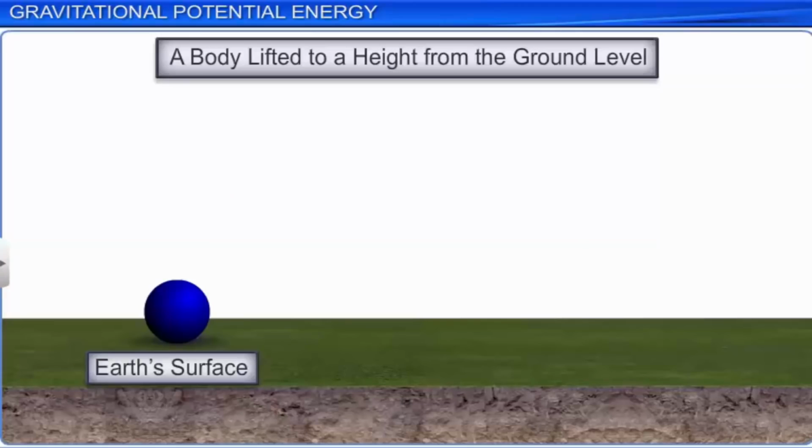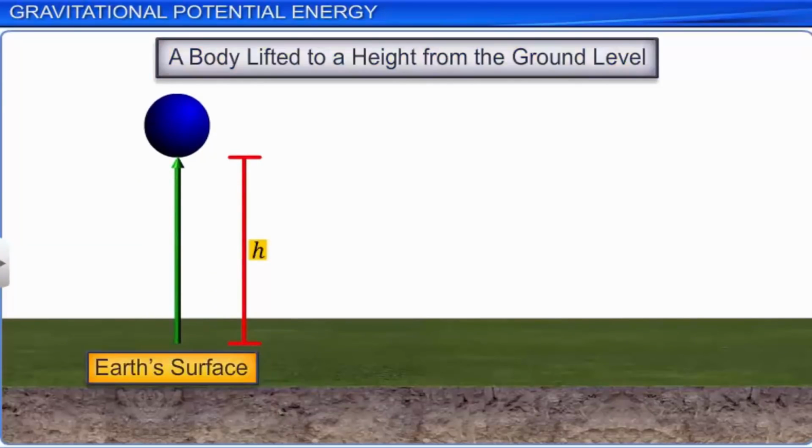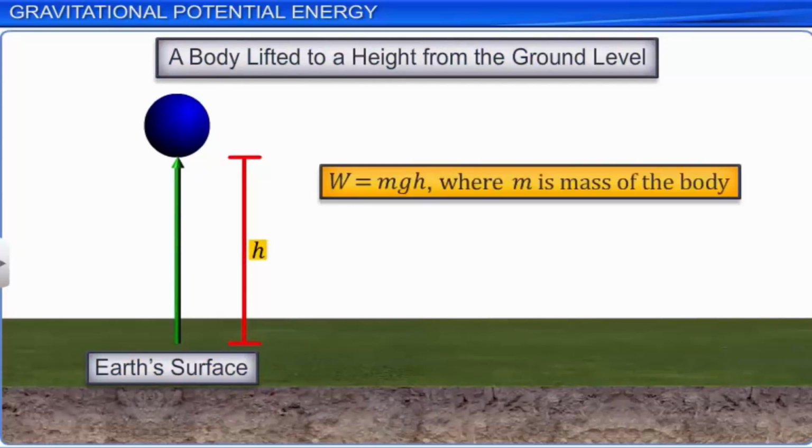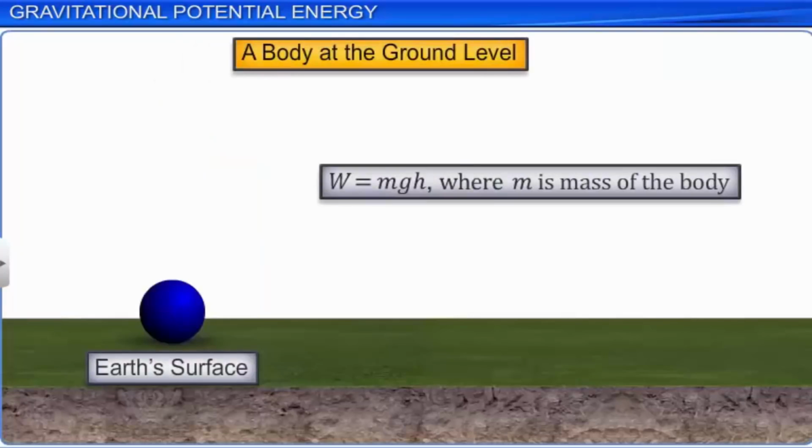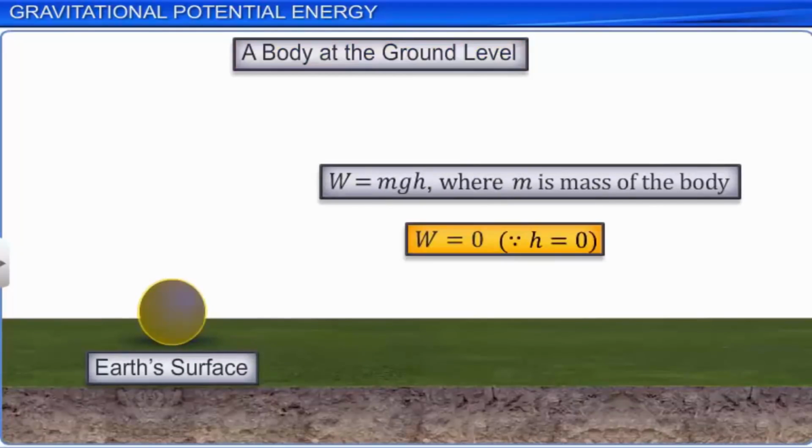Earlier, you learned that when a body is lifted to a height from the surface of the Earth, the work done on the body is denoted by the expression W is equal to mgh, where m is the mass of the body. When a body is at ground level, the work done on the body is 0, as its height is 0.